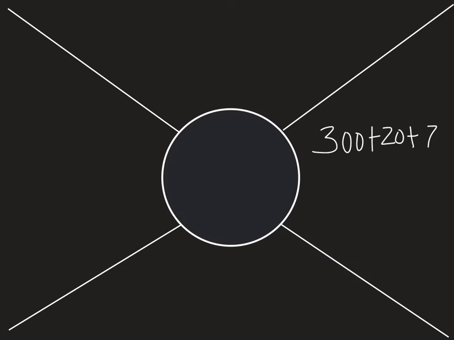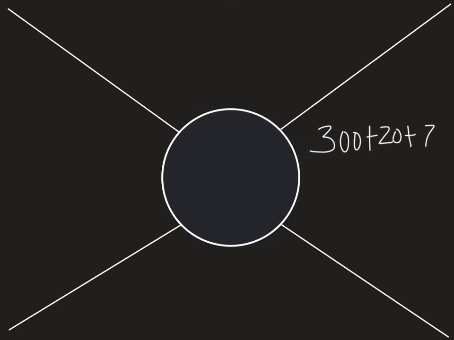Now we get the information in the center the way we got it here. So, for example, what if we started with the information 300 plus 20 plus 7? Well, then we have a different starting point.